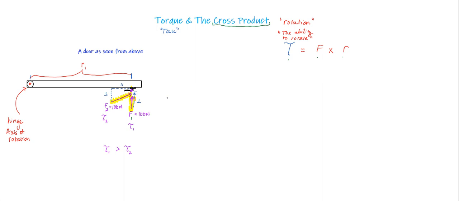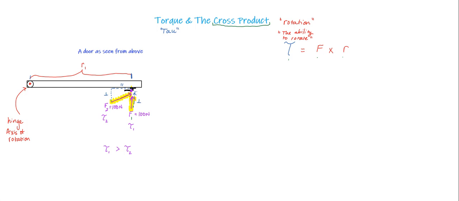Now, those two things happen to be the same thing in this example, and that's why we can say the angle is measured relative to the surface of the door, but it's really measured relative to the length of where the force is applied relative to the axis of rotation. And we'll see in some examples why that can be slightly different, where it's not the same as the surface. So in this example, they just happen to be the same.